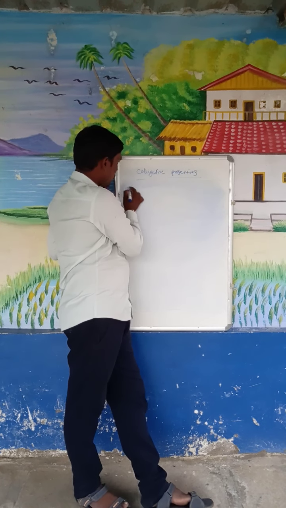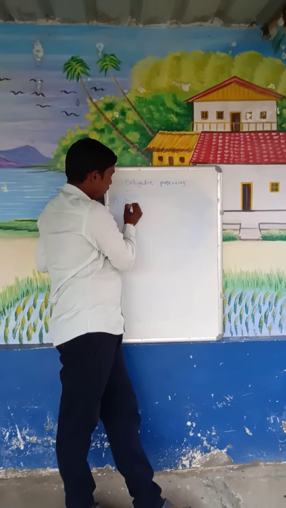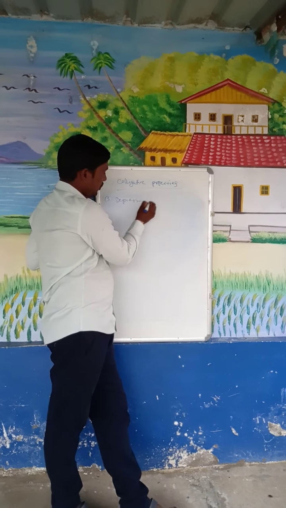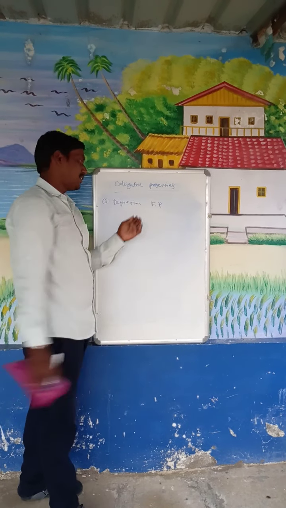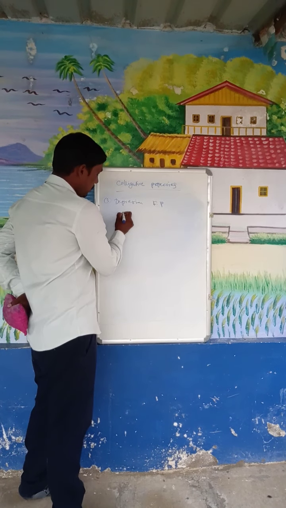The third one is depression of freezing point. What is the freezing point?